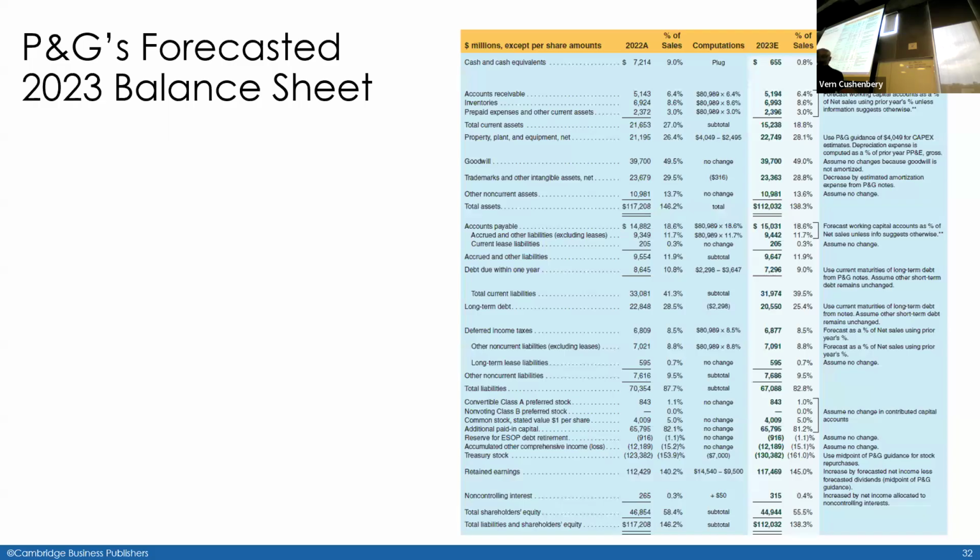So everything that we just talked about is right over here in this column. So dog ear this. It'll give you a little bit of a reminder about how we went about forecasting working capital, intangibles, short-term debt, long-term debt, treasury stock, retained earnings, so on and so forth.